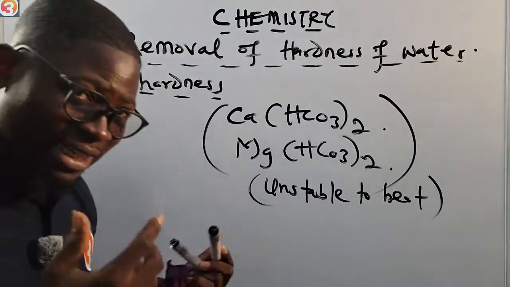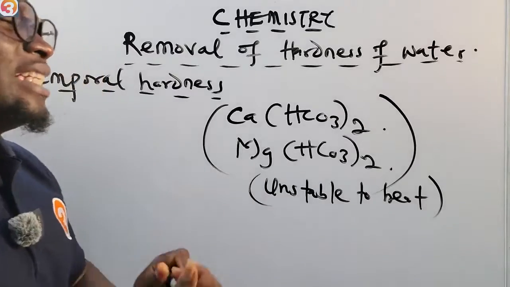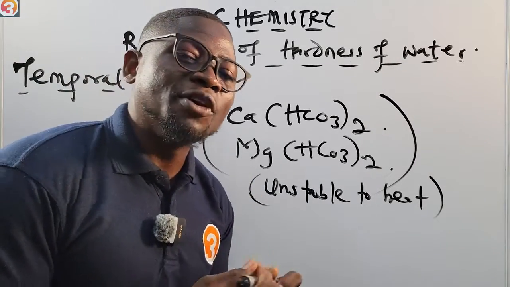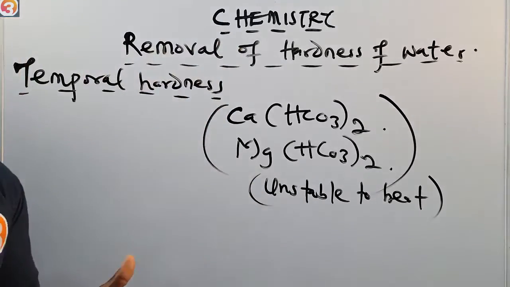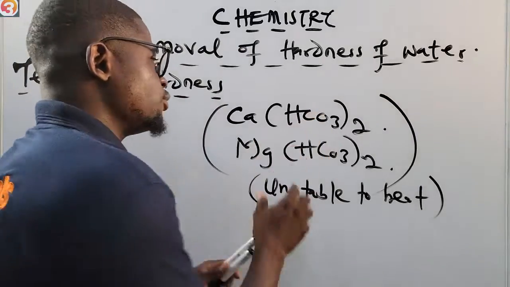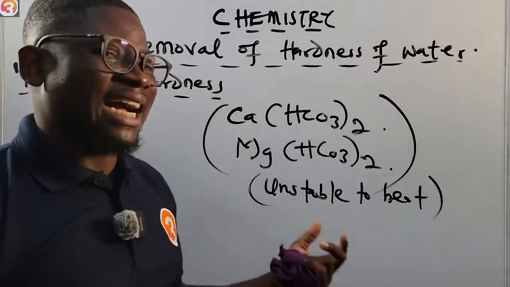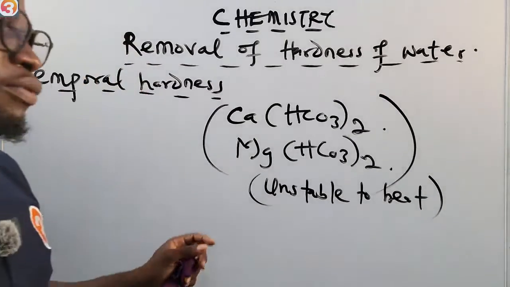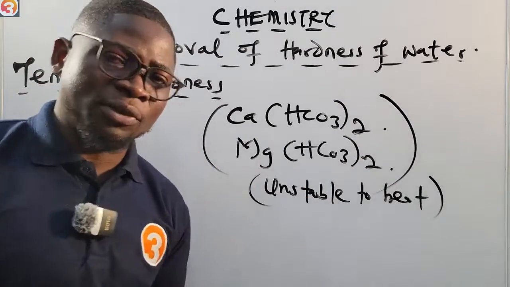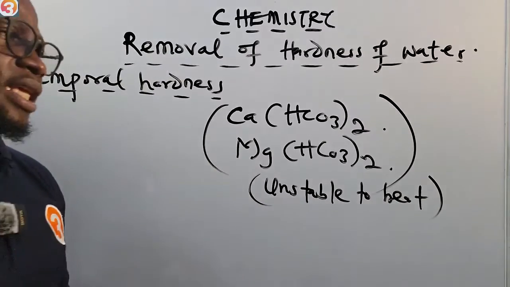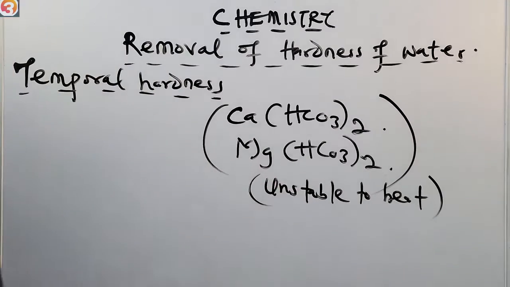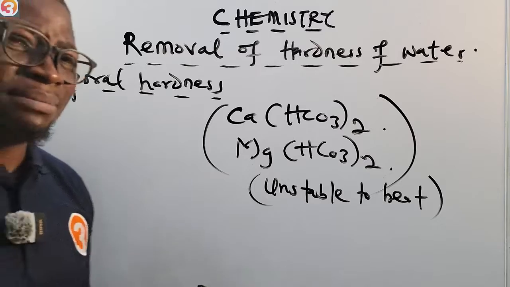We also stated it in the last episode, that temporary hardness can be removed by boiling. When we heat any of these hydrogen carbonates, the hardness can be removed, because the hydrogen carbonates will be broken down, decomposed, to give us calcium carbonate, which is the lime scale we'll talk about.